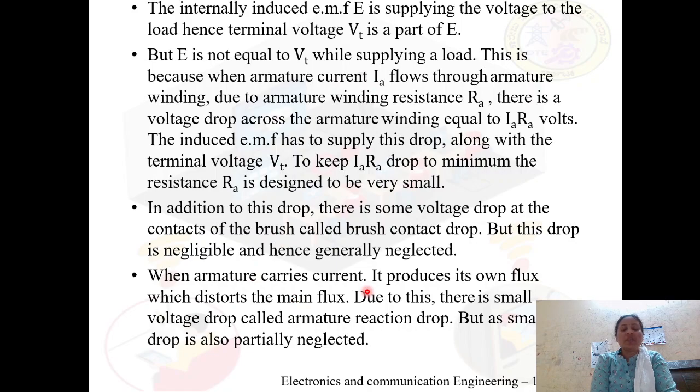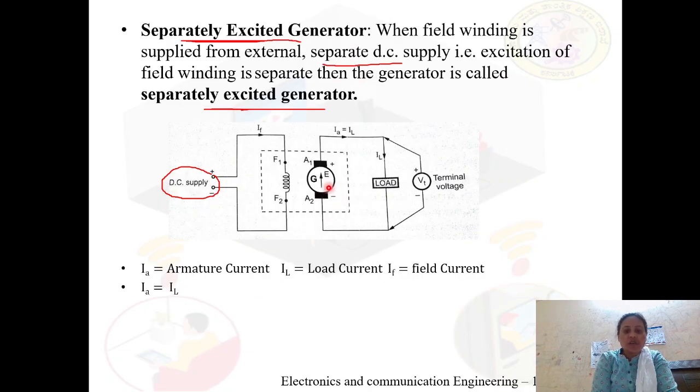whenever the armature carries the current, that is when IA flows through the armature, it produces its own magnetic flux, and this will try to destroy the main flux. That is, whenever the current flows through this armature, it produces its own magnetic flux around the armature like this, and it tries to suppress this main flux.